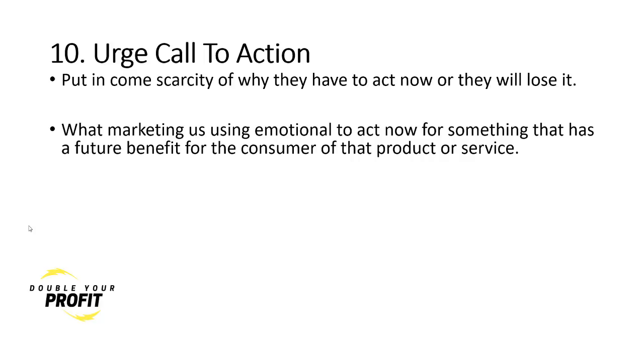Use fear factors, like if they don't act now, they're going to lose it, or the price will be going up and things like that. Things you can say to get them to act now are: claim your copy now, claim your booklet now, watch the free video now before I take it down. I'm only allowing 100 people to watch the video because I don't want to take on too many students, and things like that.